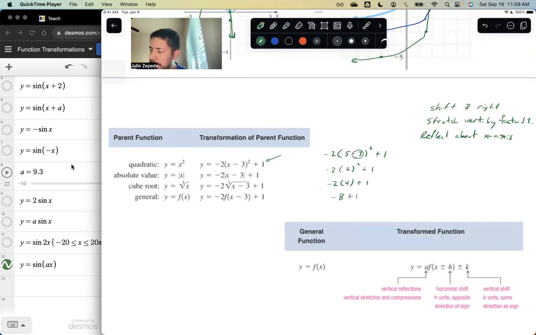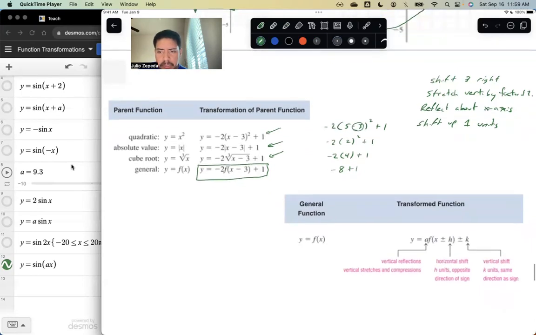And then the +1, that's going to shift it up 1 unit. Okay, so you should be able to read this in any of these functions. They all have the same transformations, and then here they make it more generic. They put an f function there. That's how it would look in general for any function.